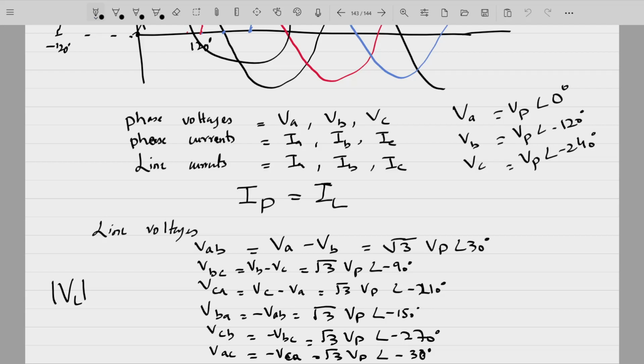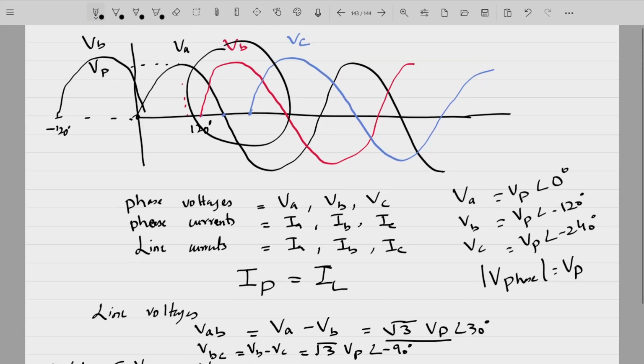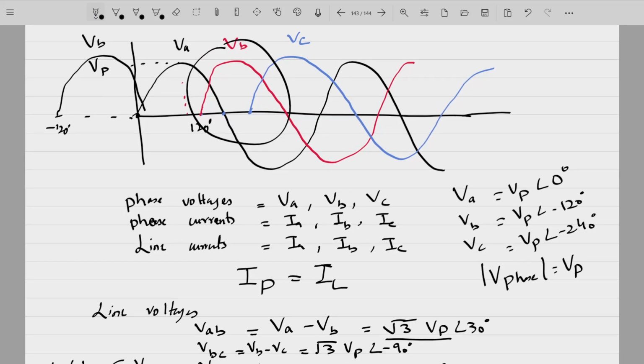From this star connection, we have seen that the magnitude of phase voltage in general is Vp. Fine. While as the magnitude of line voltage is equal to root 3 Vp. ठीक है. Root 3 Vp means that your line voltage is root 3 times the phase voltage. जबकि line current and phase current in the star connection are same.